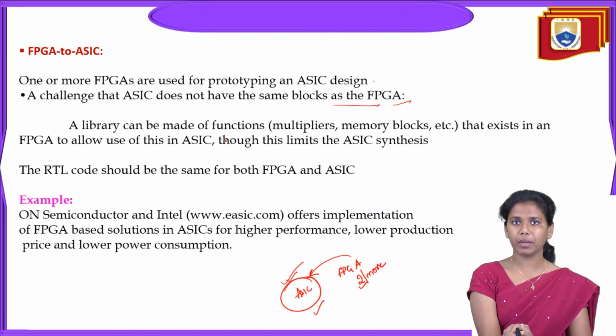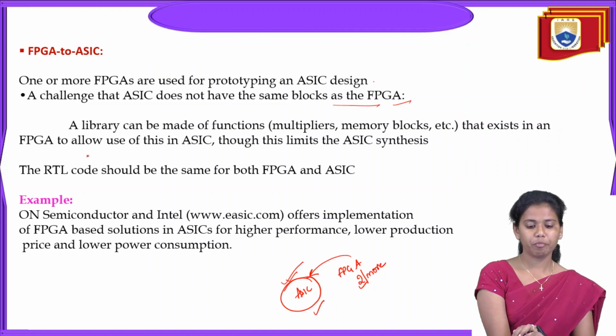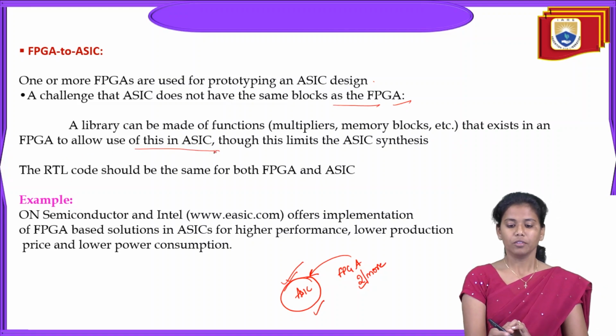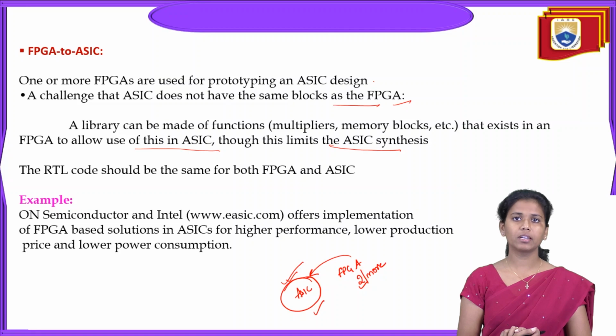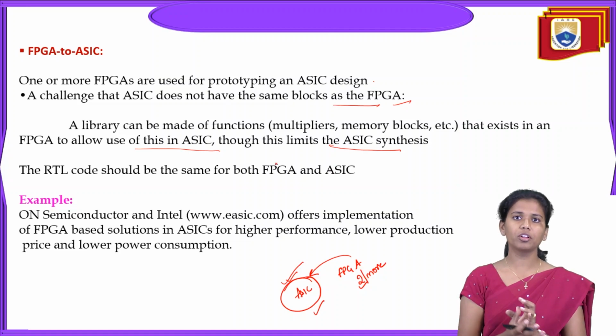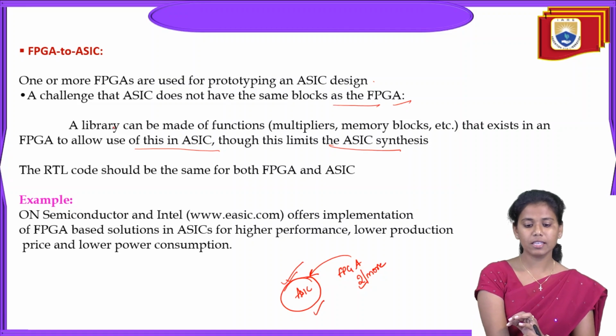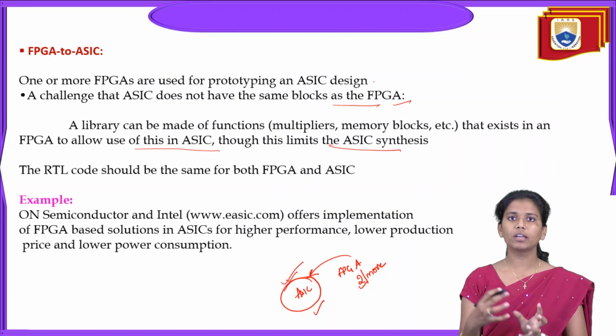Then a library can be made of functions, multipliers, memory blocks, etc. that exist in an FPGA to allow use in an ASIC, though this limits the ASIC synthesis. So if you are programming your product in ASIC design, then the synthesis has to be done for that particular product, and that synthesis has to be done with respect to the FPGA. For every module that you are synthesizing, remember that there is a library, and that library contains all sorts of elements that you consider in order to design a module.